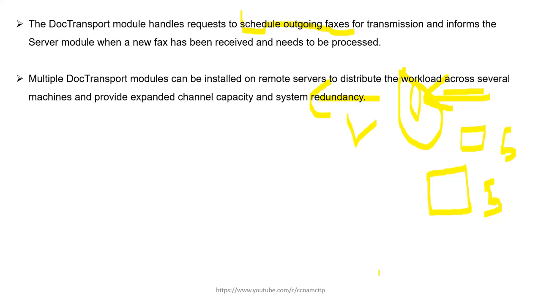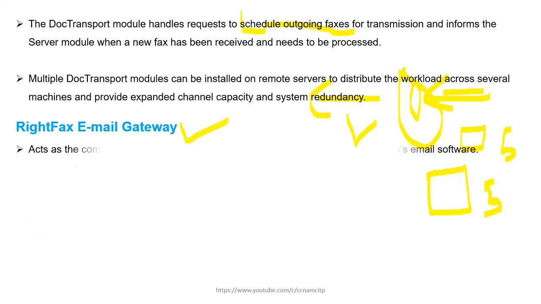So all is possible. The next service is RightFax email gateway. What it is actually, let's understand. It acts as the communication link between RightFax and your organization's email software.